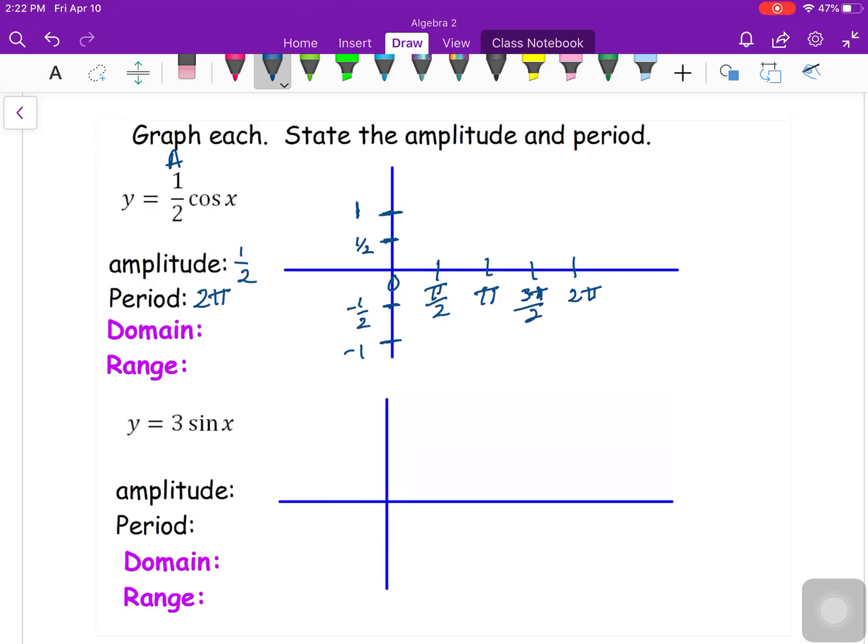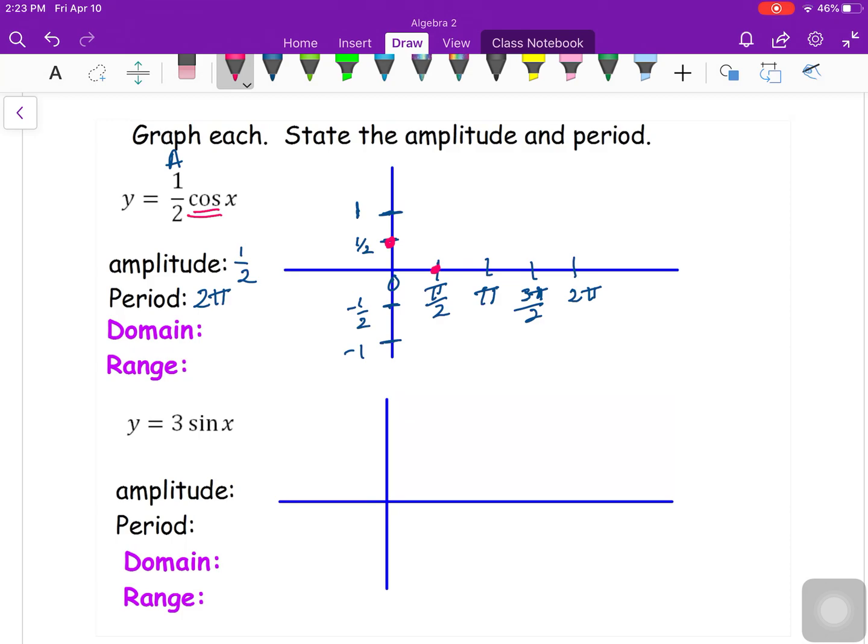So now I'm going to plot my cosine function. Cosine started at 0, 1. But ours is not going to be 0, 1. Instead, we're going to have 0, 1/2. Because our amplitude, our stretch, is only 1/2 of that.